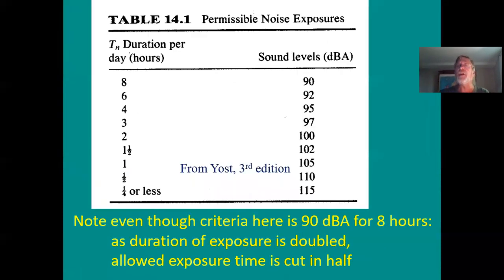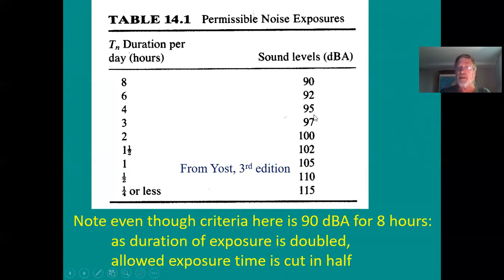And here you're looking at the interaction between the loudness of the tone and the time you're exposed to it. You're exposed to 8 hours a day for 90 dB, and if you're exposed to 92, less time is allowed.